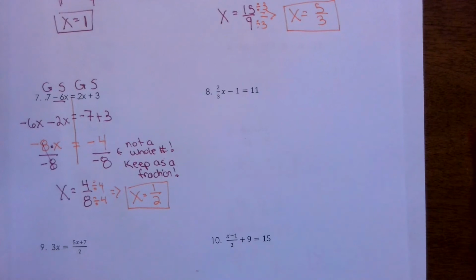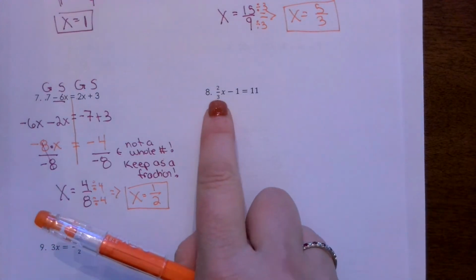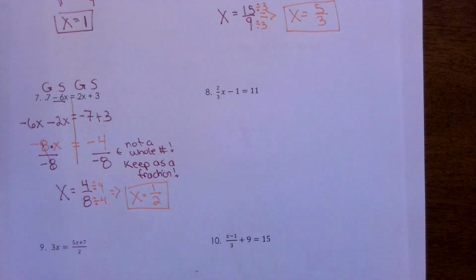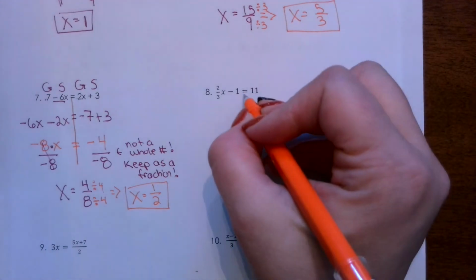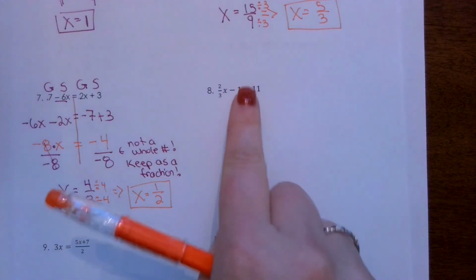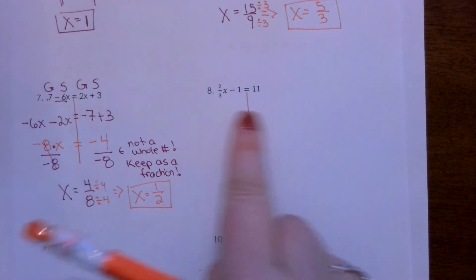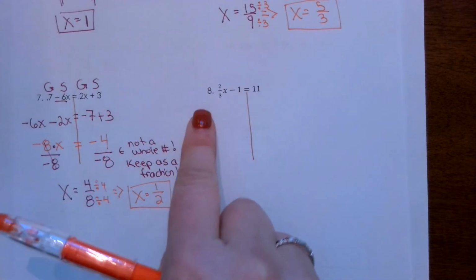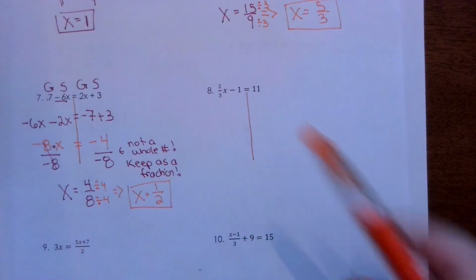This is number 8. Let's just start with the stay and go first. The first thing is, I know we're all going to be very uncomfortable with this fractional exponent, but don't worry, we got this. I am going to take that line and separate my left from the right. I want my numbers with the variables on the left, my constants on the right.